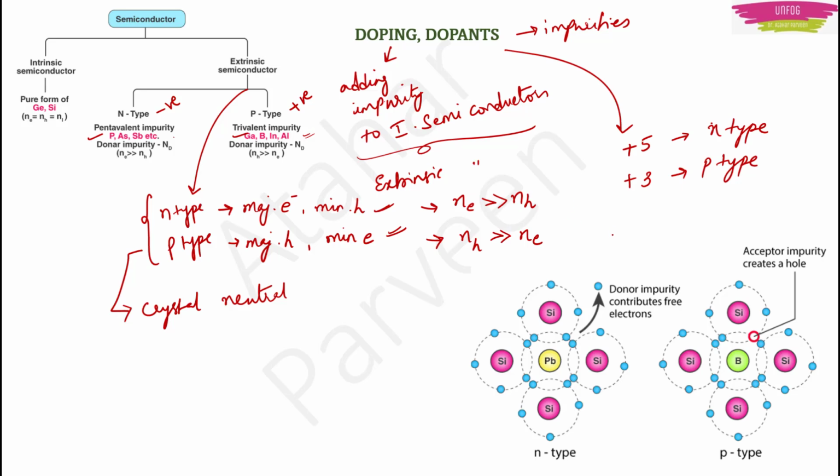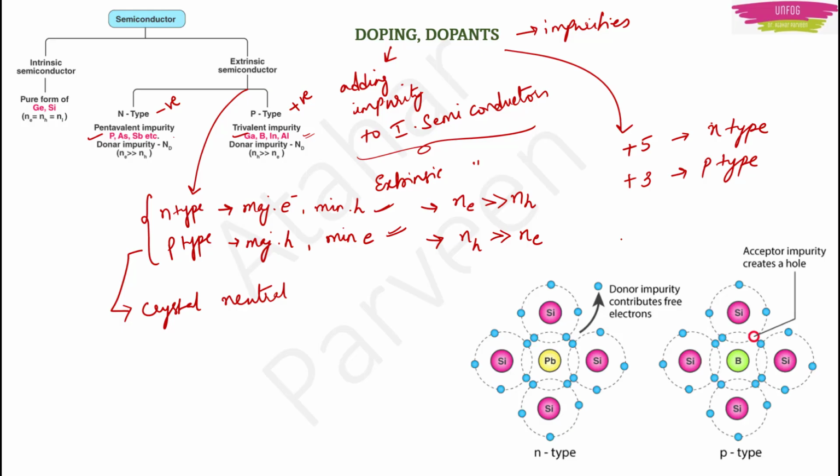Now, when we are talking about doping and dopants, we are playing with the covalent bonds. We are adding pentavalent or trivalent dopants and doping the N-type and P-type semiconductors such that the covalent bonds are completed, so that they become good semiconductors, meaning they conduct electricity.